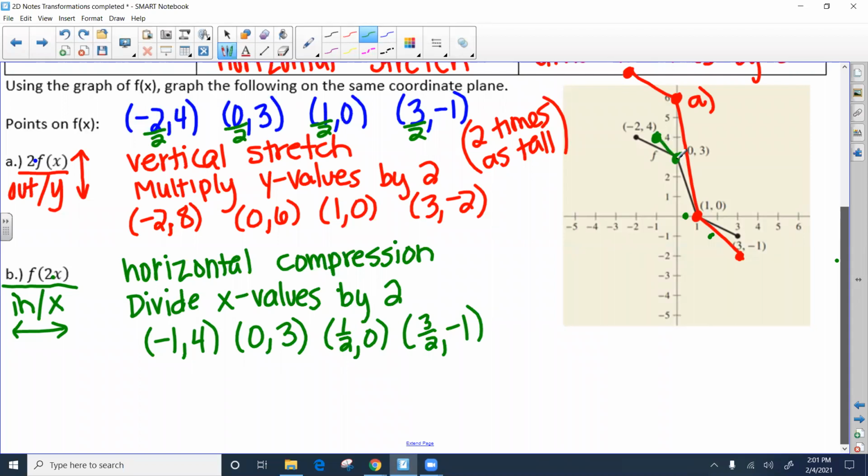When I draw that one in, here's my graph for B. As we can see, it's the same height as it was before, but this time it's half as wide. It's skinnier because we compressed it horizontally.